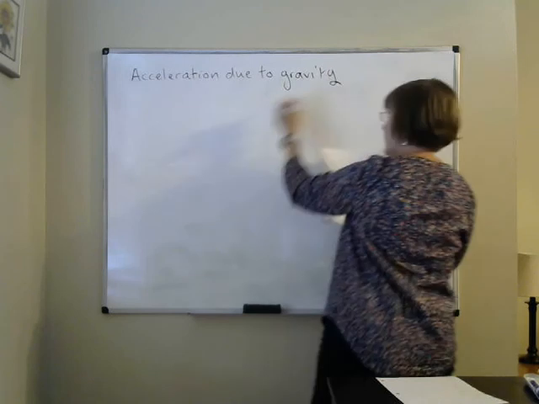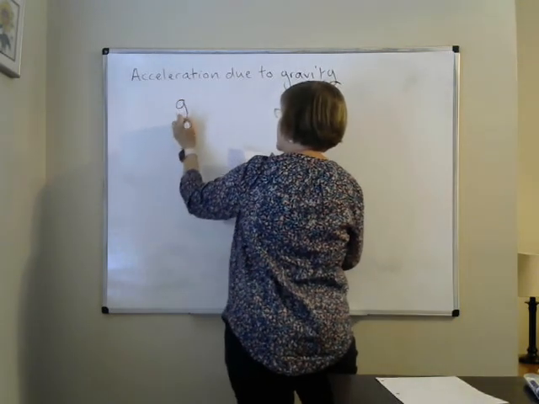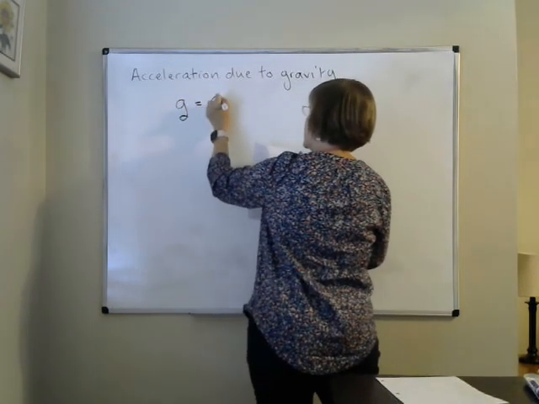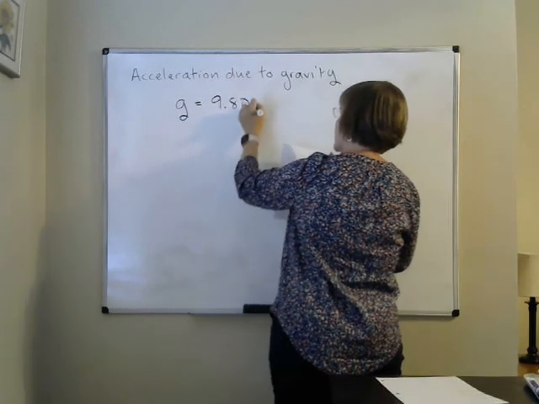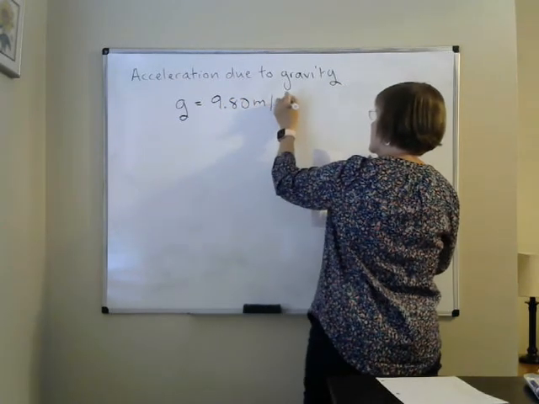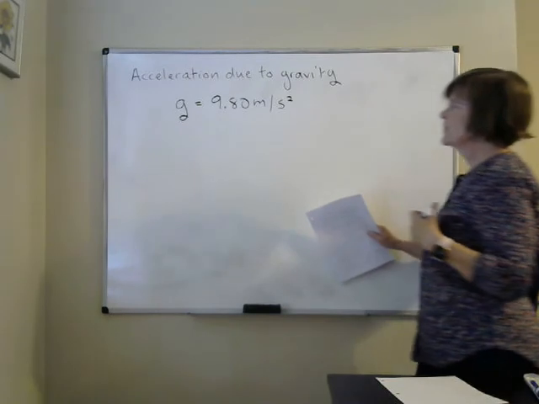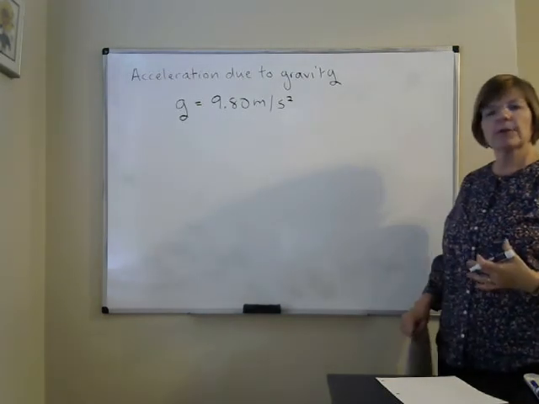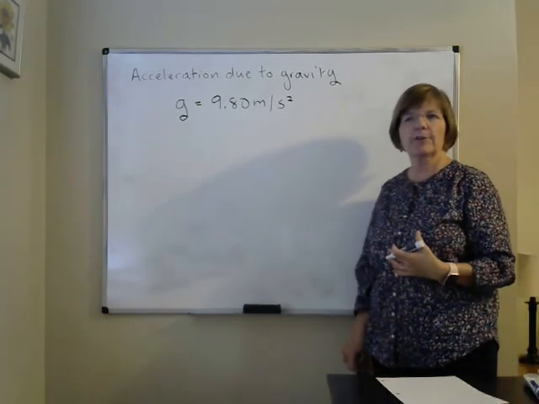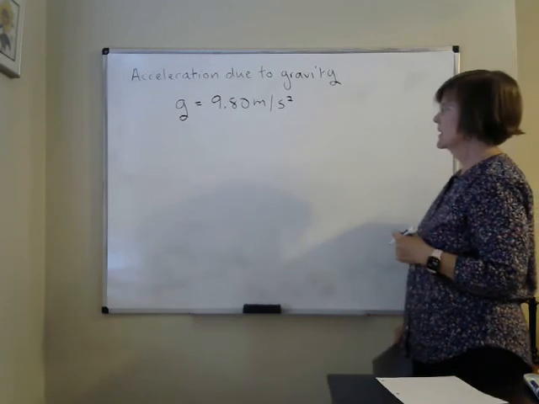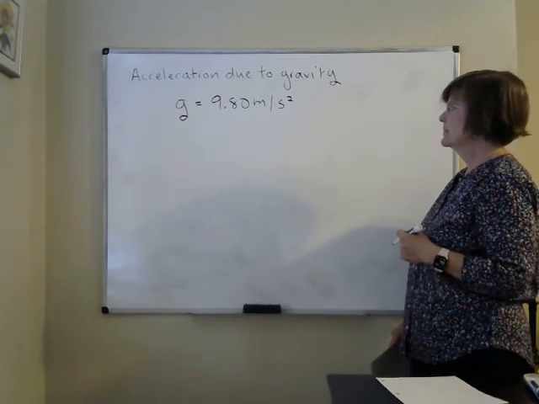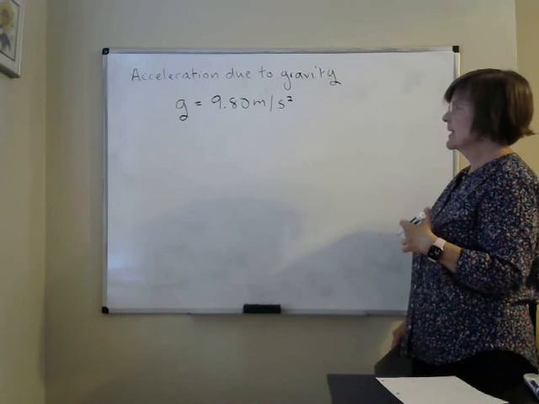And that acceleration is represented with a lowercase g. It's 9.80 meters per second squared. Now, occasionally you'll find a book that uses a slightly different value, but not too often. That's the SI unit.